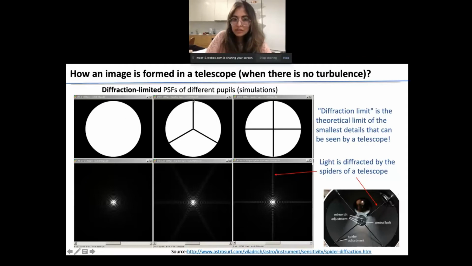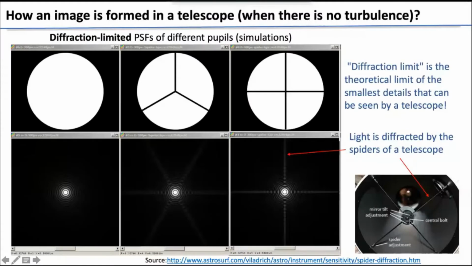If you have a telescope whose primary mirror has spider arms, you may not know what I'm talking about, so let's go here first. This is just like a simple small telescope. This is your secondary mirror, which is held by these spider arms, because you need your secondary mirror to reflect the light towards your detector.